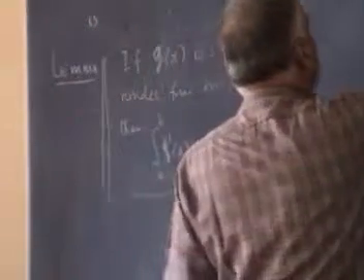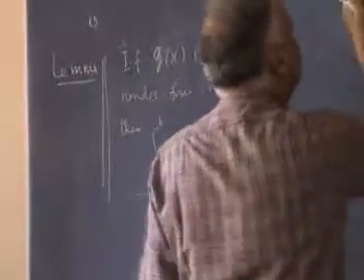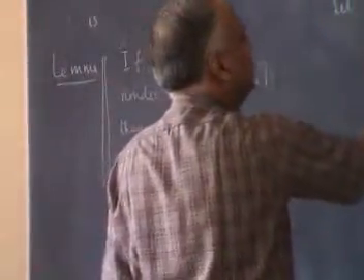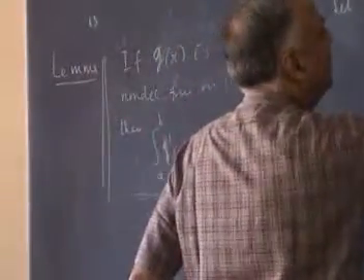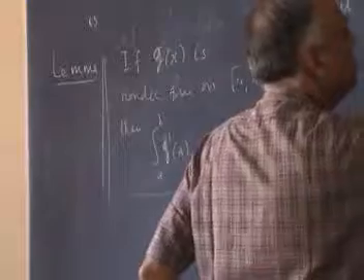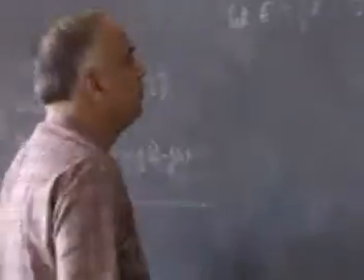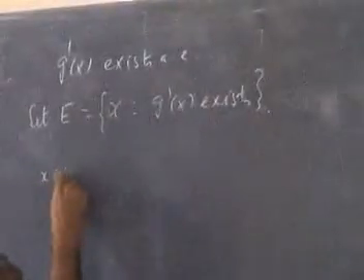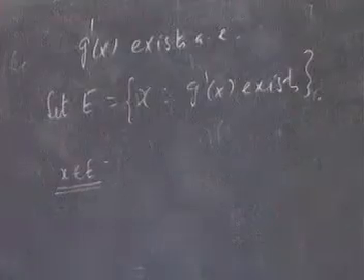So you know g prime x exists almost everywhere. So let us again take E to be the set of all x where g prime x exists. Now take any point in E. We know that g prime x exists there.